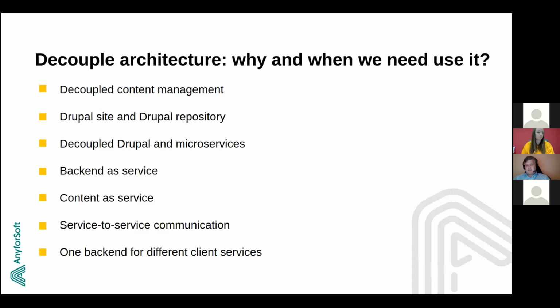In this case, we also have service-to-service communication and other microservices technology stuff. As I said a little earlier, with a decoupled Drupal project, we can have one backend for different client services. So one Drupal backend can be a data source for multiple client applications or client services.